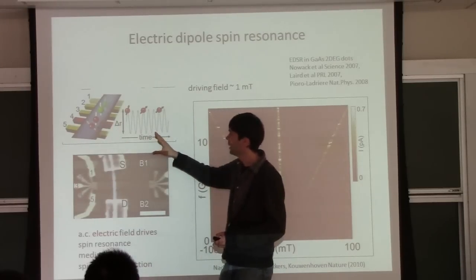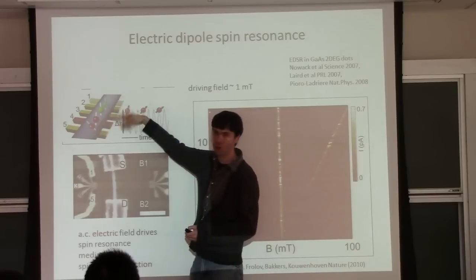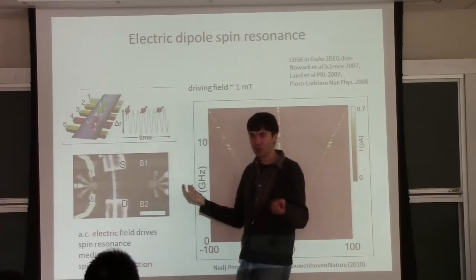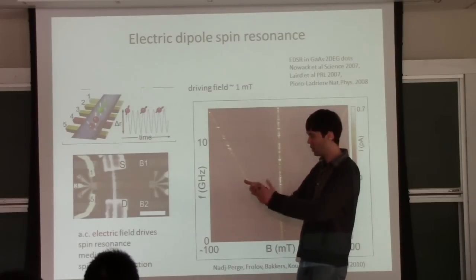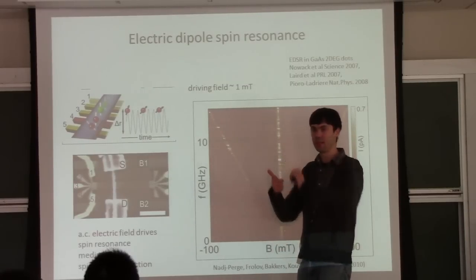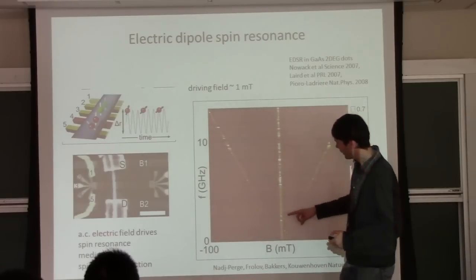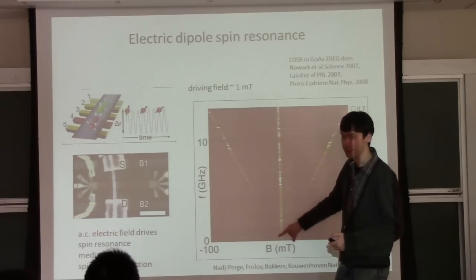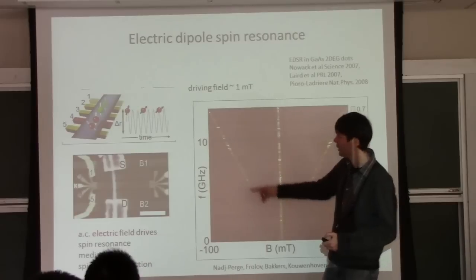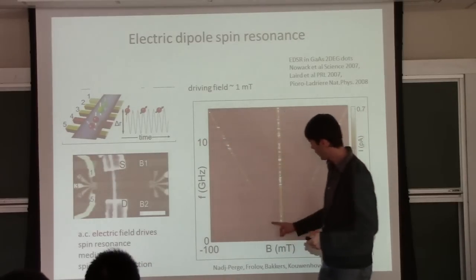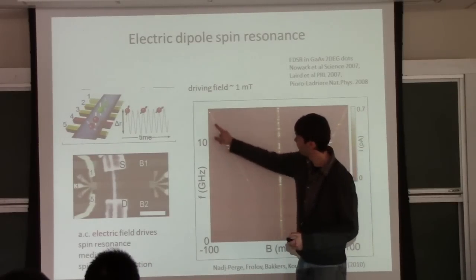But actually, electrons are so close, they both are shaking. But that's OK, because they're both rotating, and they're going from triplet at some point to singlet. And then when we match the Larmor condition, when the spin precession frequency from the external field matches the microwave frequency on the gate, we have this extra current here.